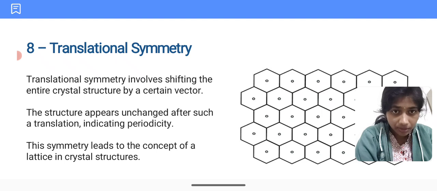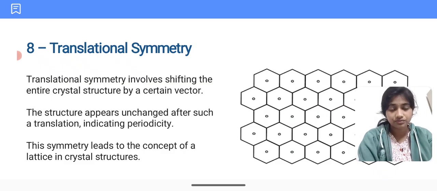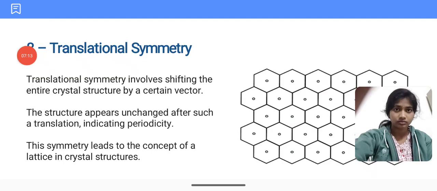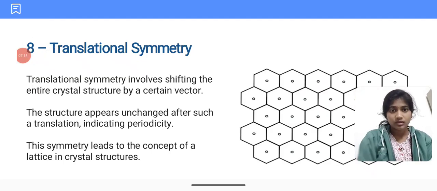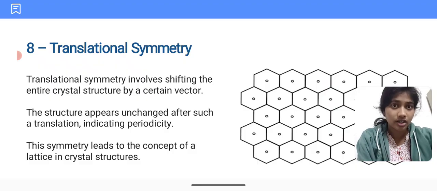This symmetry leads to the concept of a lattice in crystal structure. This is the relevant image for translation symmetry.